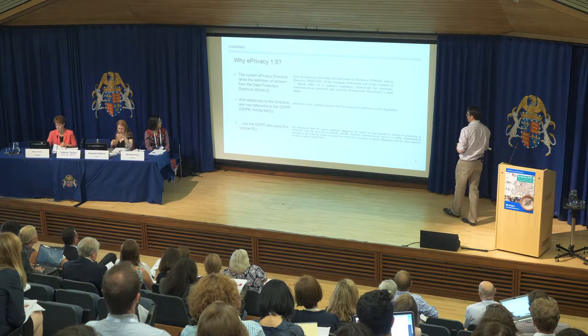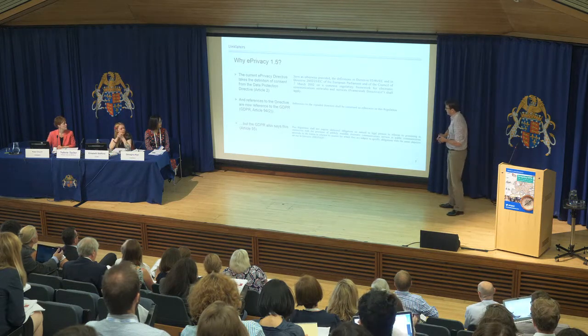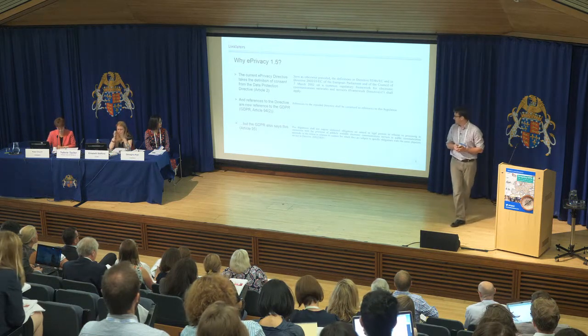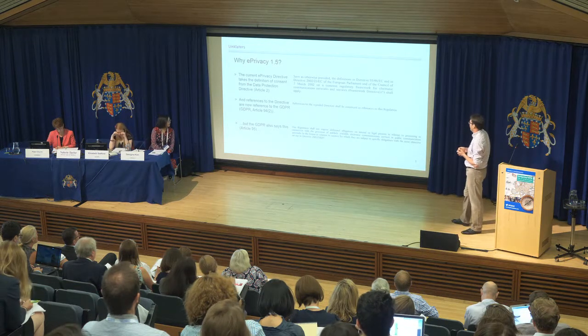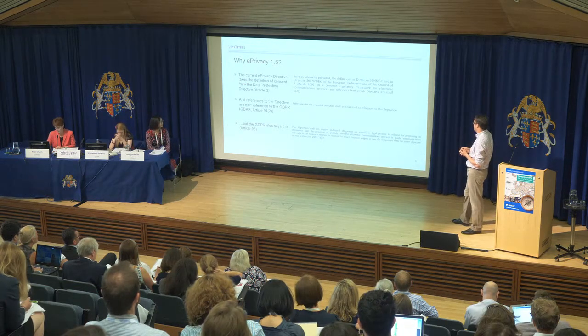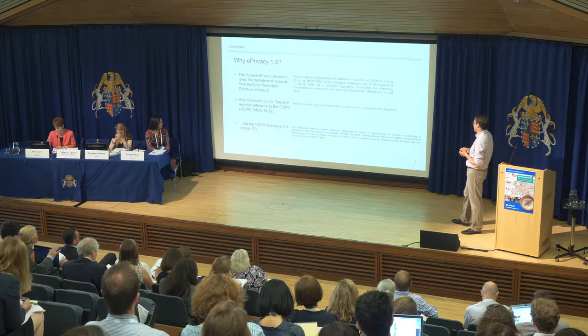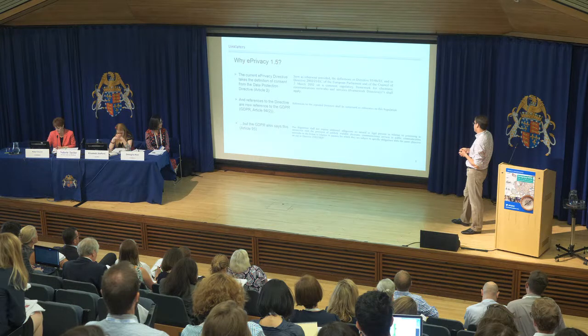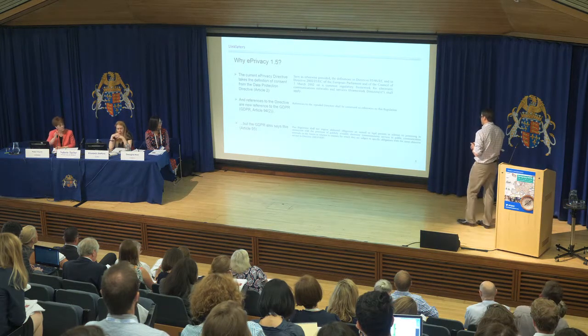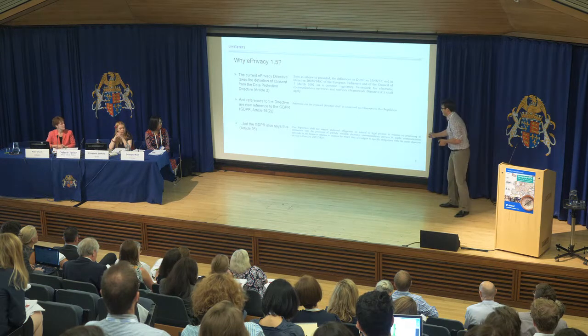It's not completely sure because we have Article 95 of the GDPR that says this regulation shall not impose additional obligations on natural or legal persons in relation to the processing in connection with the provision of publicly available electronic communication services in public communication networks, which are subject to specific obligations in the privacy directives.